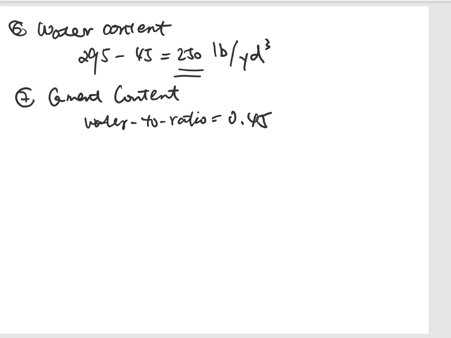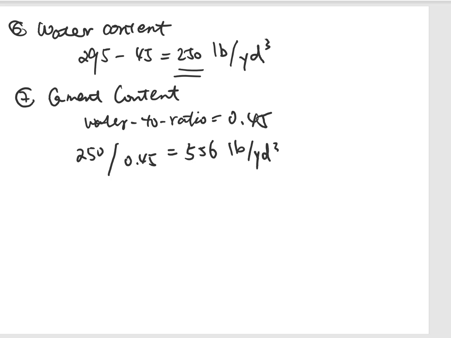So the cement content should be 250 pounds per cubic yard divided by 0.45. So if you calculate, this is 556 pounds per cubic yard of concrete.